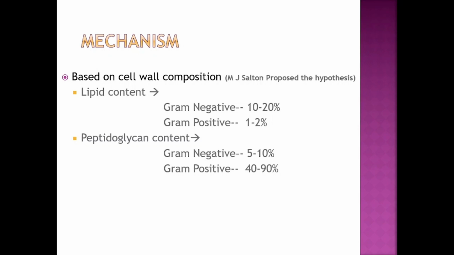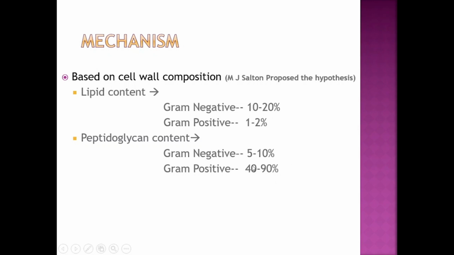So in gram positive bacteria, the CVI complex is trapped in the cell wall on decolorization treatment because of the high peptidoglycan content.